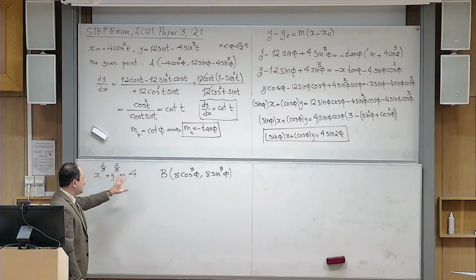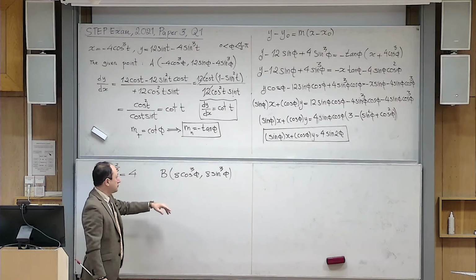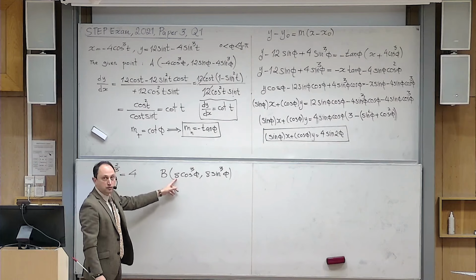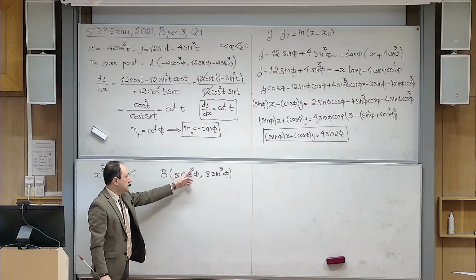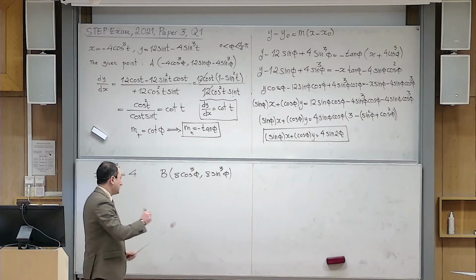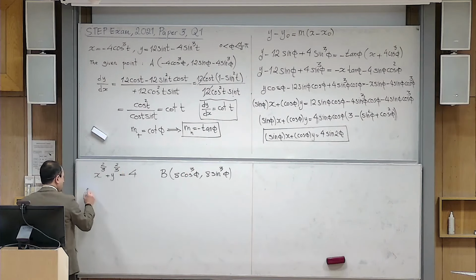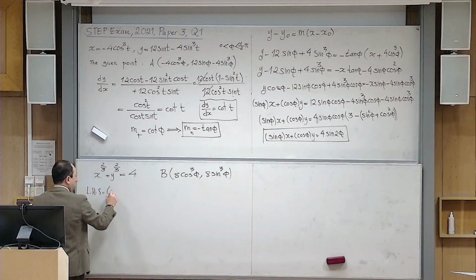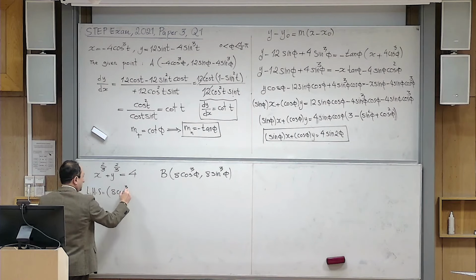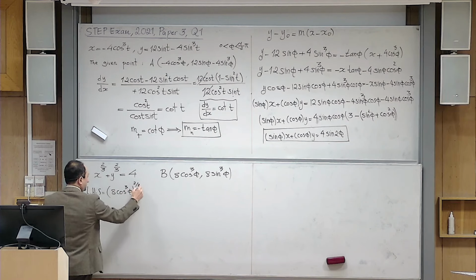Why is that? Because if I take this to the power 2/3, 8 to the power 2/3 is 4, cosine phi to the power 3 to the power 2/3. So let me just check it. The left-hand side is equal to, instead of x, I plug that in, plus, instead of y, I plug that in.